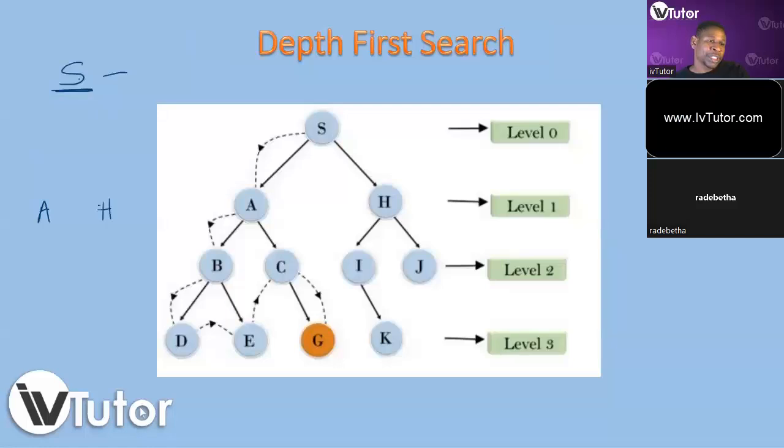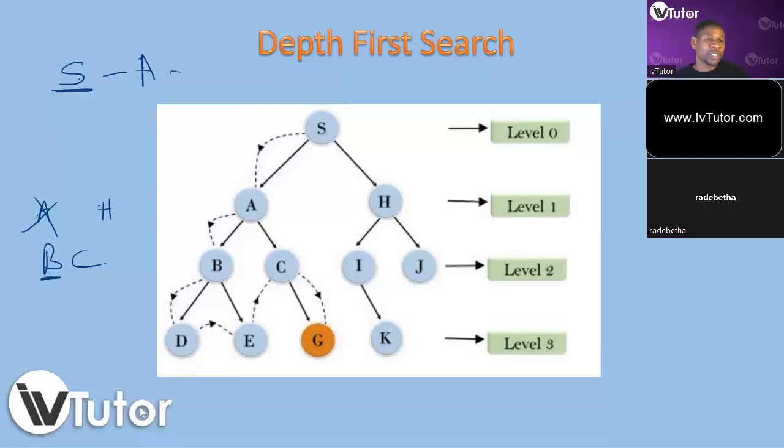Assuming A was the last one to go in, A will be expanded. When A is expanded, it gives us B and C. H was already in there. The last one to go in will be the one that's expanded.